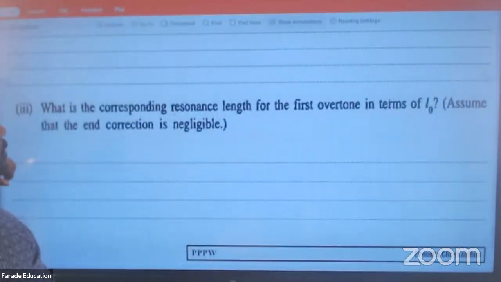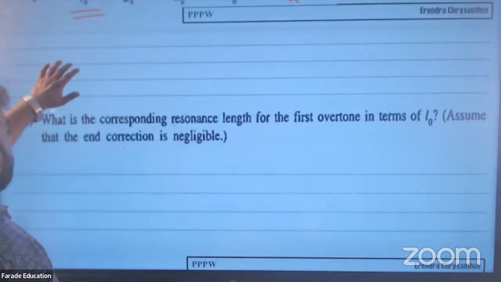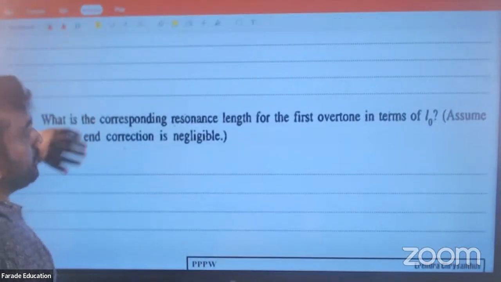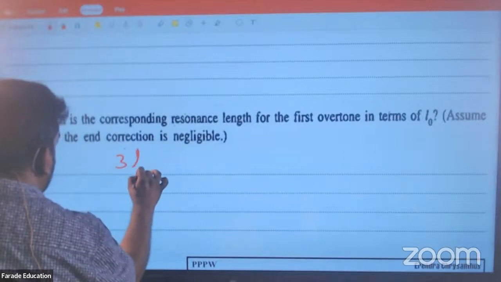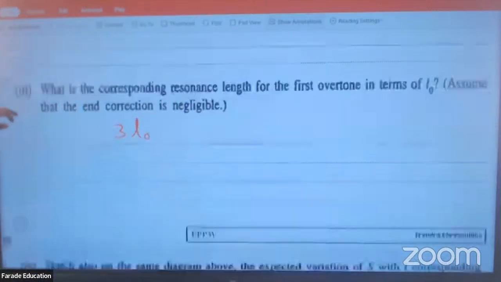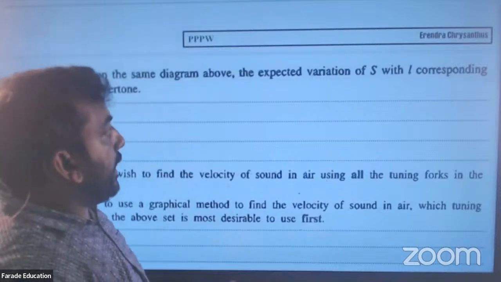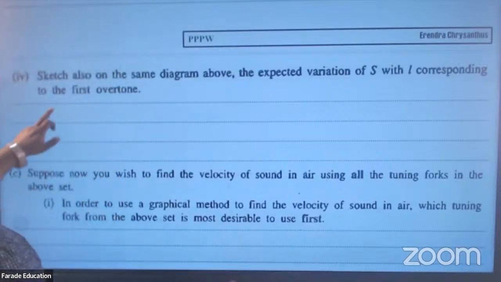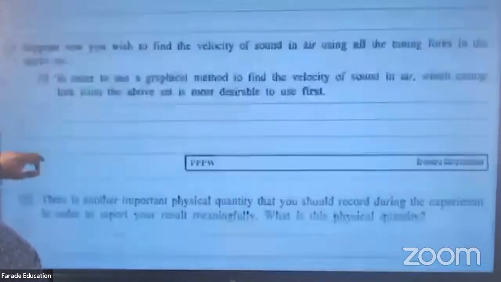What is the corresponding resonance length for the first overtone in terms of L naught? If you take 3L naught, very simple. 3L naught, first overtone. Sketch also on the same diagram the expected variation of S with L corresponding to the first overtone. That I have already done. Right.